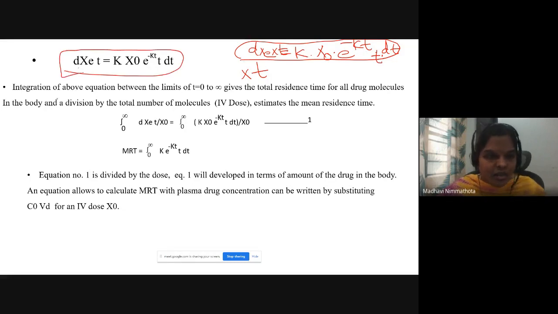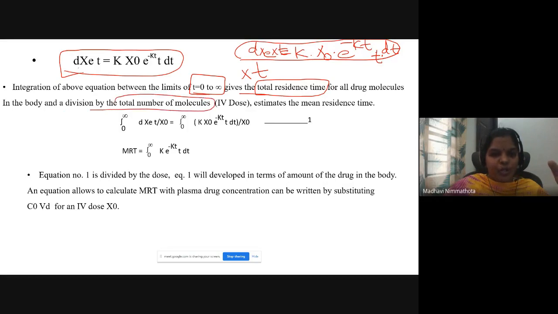So this equation is the same. Then comes the integration of the above equation. What limits do we need to take here? The time limits are 0 to infinity, because our drug molecule goes from initial time to infinite time. It will give you the total residence time of the drug molecules in the body. So you need to divide this equation by the total number of molecules.